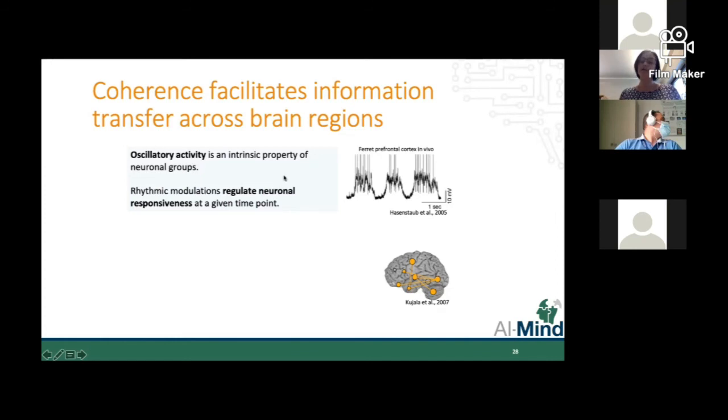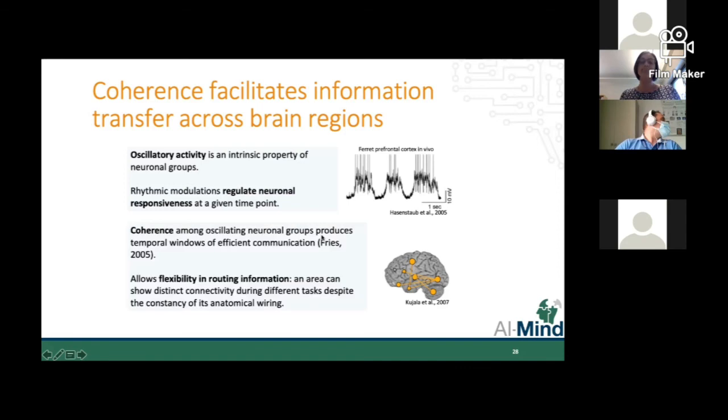So we know that oscillatory activity is an intrinsic property of neuronal groups. And if we have coherence among different neural groups that are oscillating, then because the neurons are more responsive at a given time point, this creates efficient time windows when communication is better.